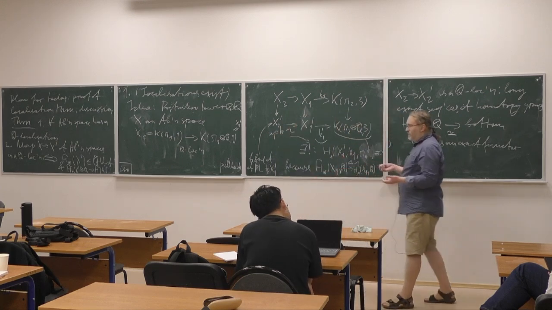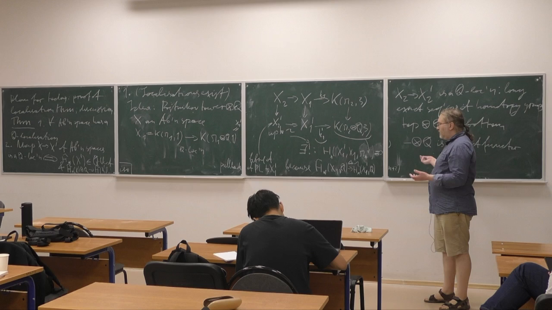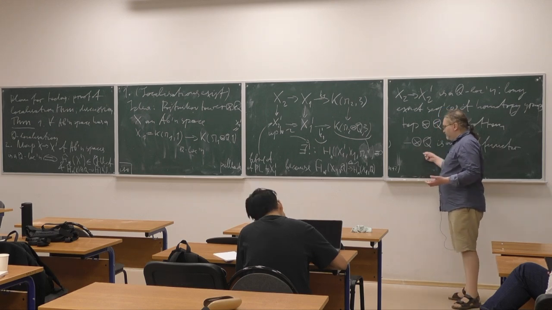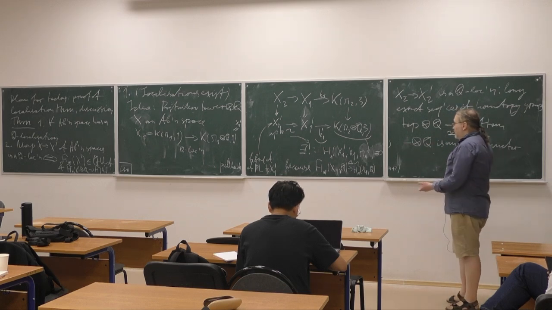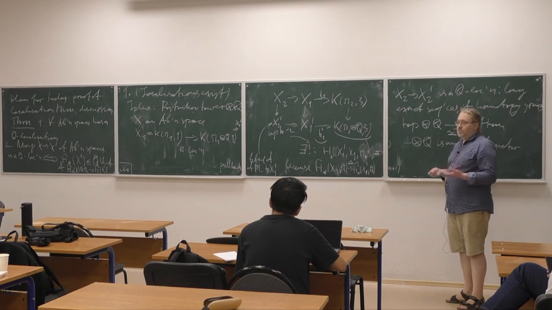And we know that localization is an exact functor, but here we don't need to use it. We can just use the fact that Q is flat as a Z-module. Why? Because it's torsion free.